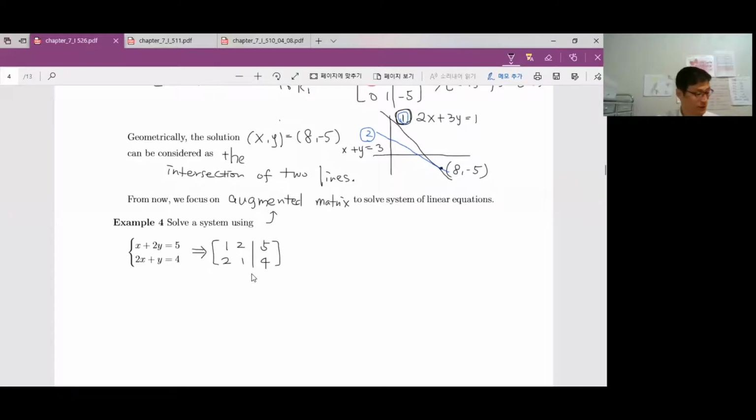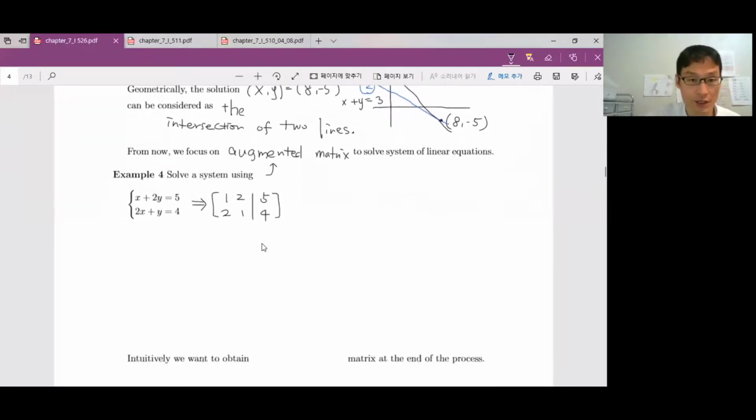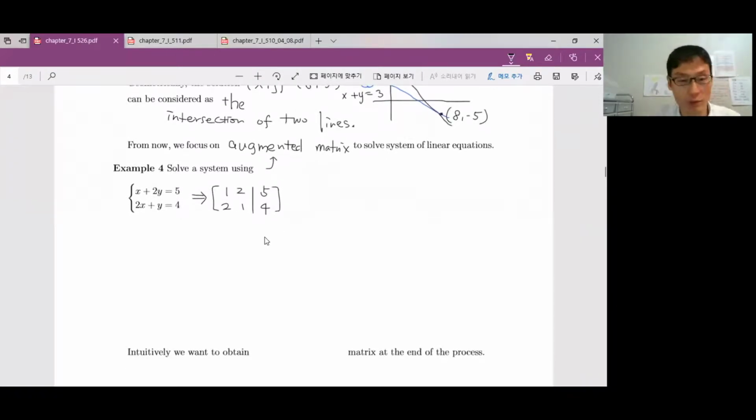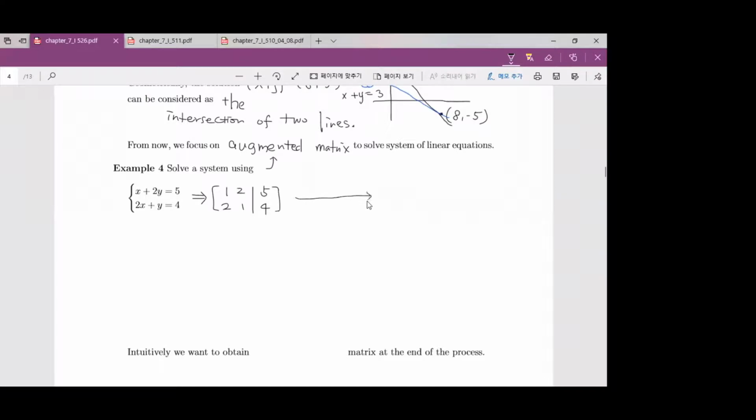That's it. And then eventually, let's see, we apply some operations to solve this. Can you tell me the first step? What are you going to do? Add -2 of row 1 to row 2.